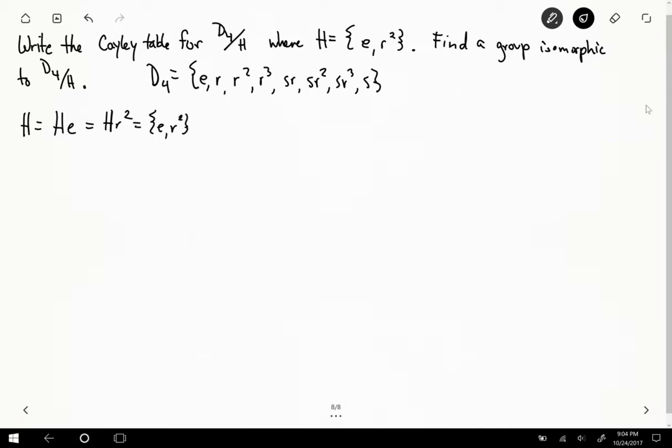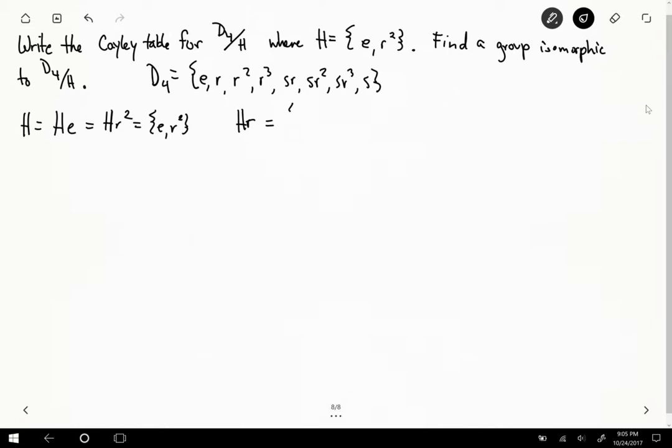Okay, so now with our next one, let's hit H on the right by R. What happens there?